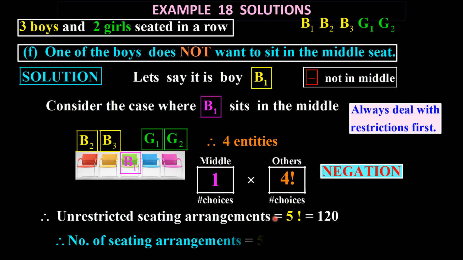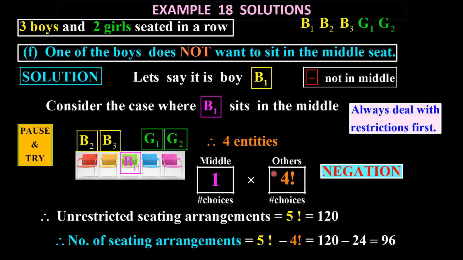And if he does not sit in the middle, it will be the unrestricted seating minus the case where he sits in the middle. If we work out, 5 factorial is 120, and 4 factorial is 24. And if we subtract that, there are 96 ways in which one of the boys will not sit in the middle seat, right? Let's just go over this again.